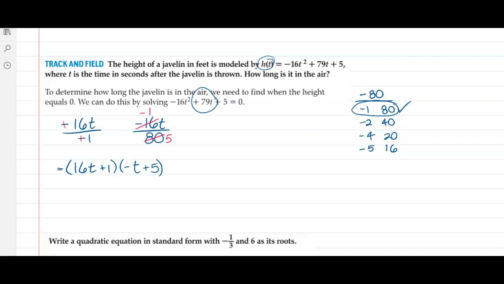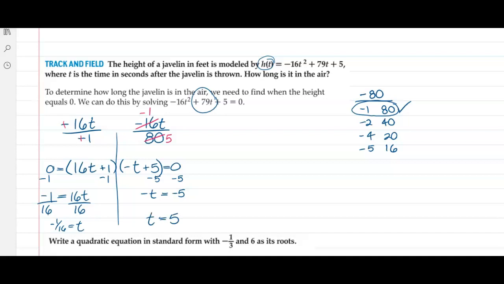So setting each factor equal to 0 and solving by subtracting 1 and dividing by 16. Subtracting 5 and dividing by negative 1.